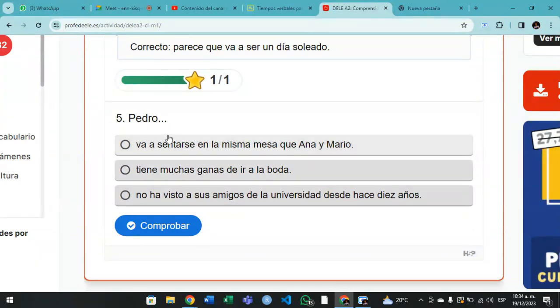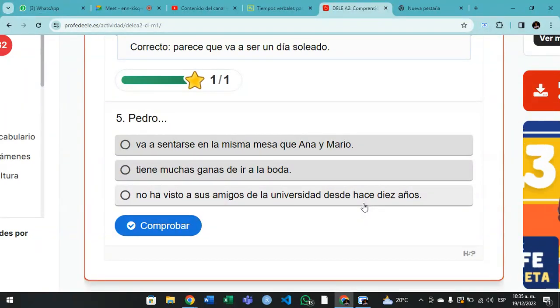Pedro va a sentarse en la misma mesa que Ana y Mario. Tiene muchas ganas de ir a la boda. No ha visto a sus amigos de la universidad desde hace 10 años. What's "no ha visto"?